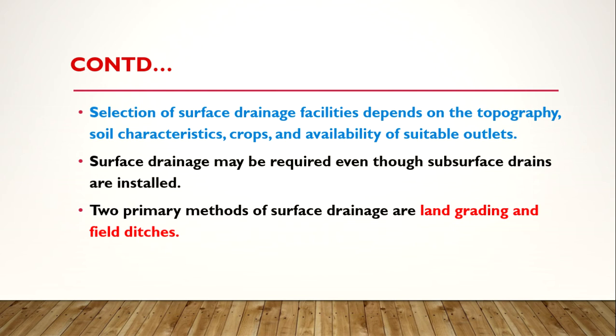So we have to provide a slope over the surface of the land. That process is known as land grading. After that we can construct field ditches. Field ditches means laterals, main drainage system, etc. So there are two primary methods. One is land grading, where we first make a slope to the land, and the other one is construction of field ditches.